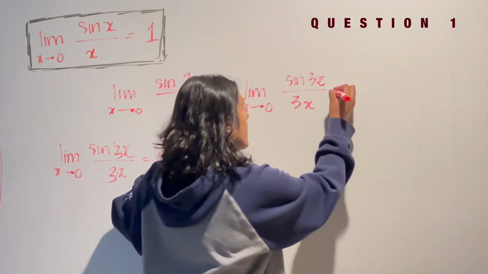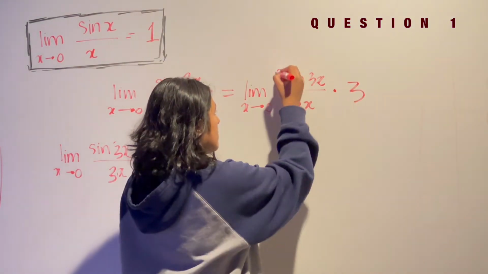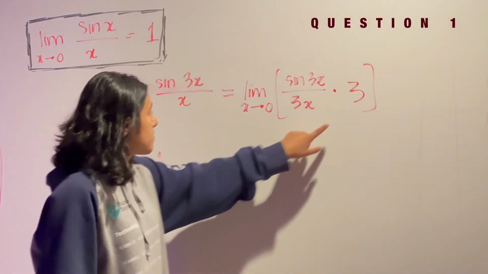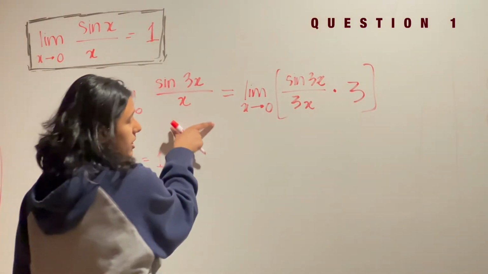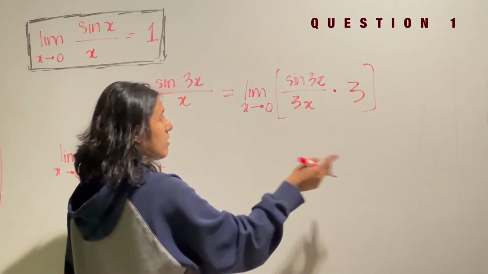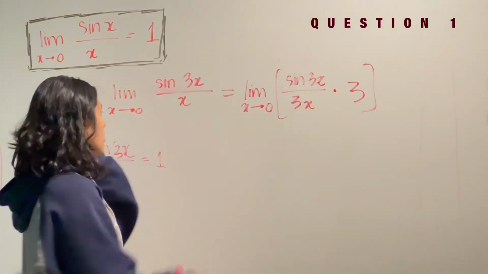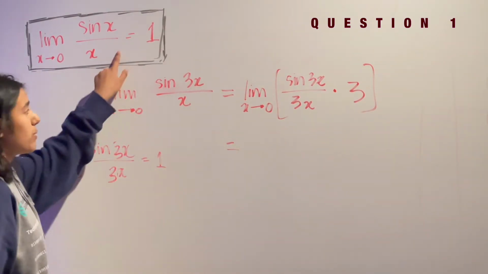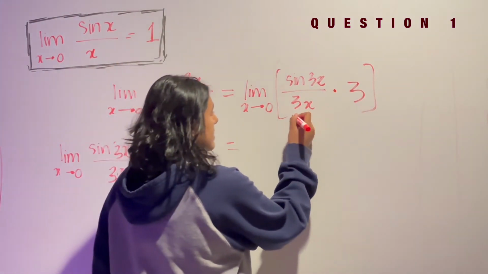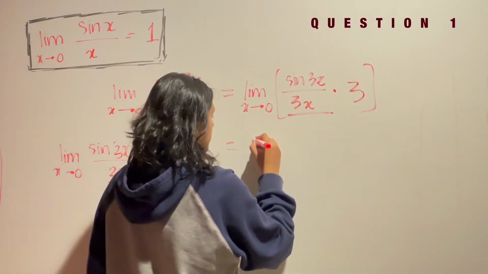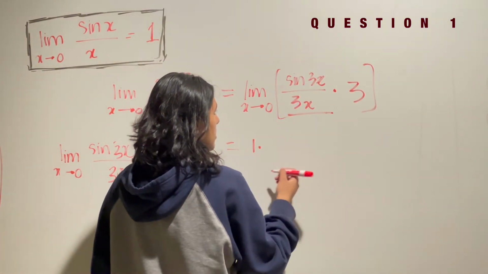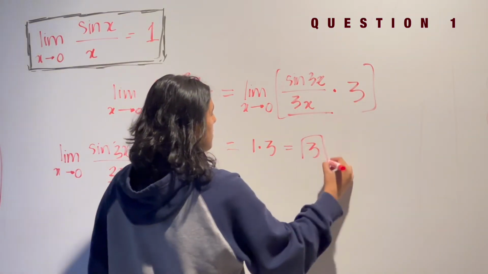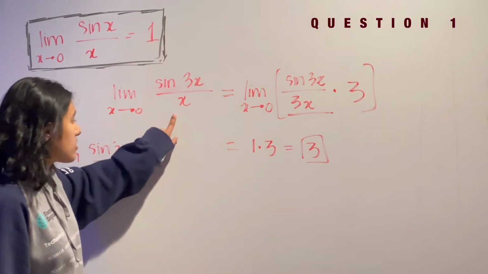But if we multiply this by 3, these are brackets, by the way, we see that this is automatically equal to this because the 3 and 3 cancel out. You're just left with sine 3x over x, like over here. Now we can simply apply what we learned here and here. We know that this limit is equal to 1. And 1 times 3 is simply 3, so therefore, the limit of sine 3x over x is equal to 3.